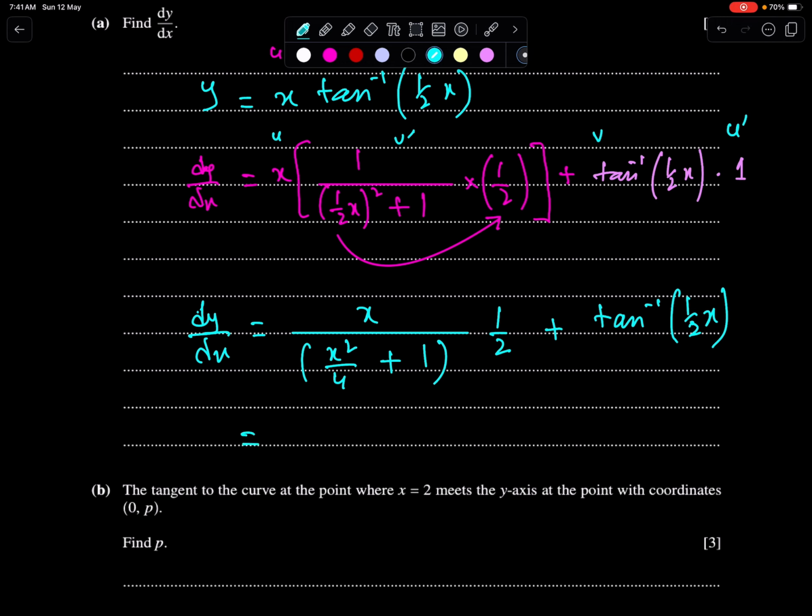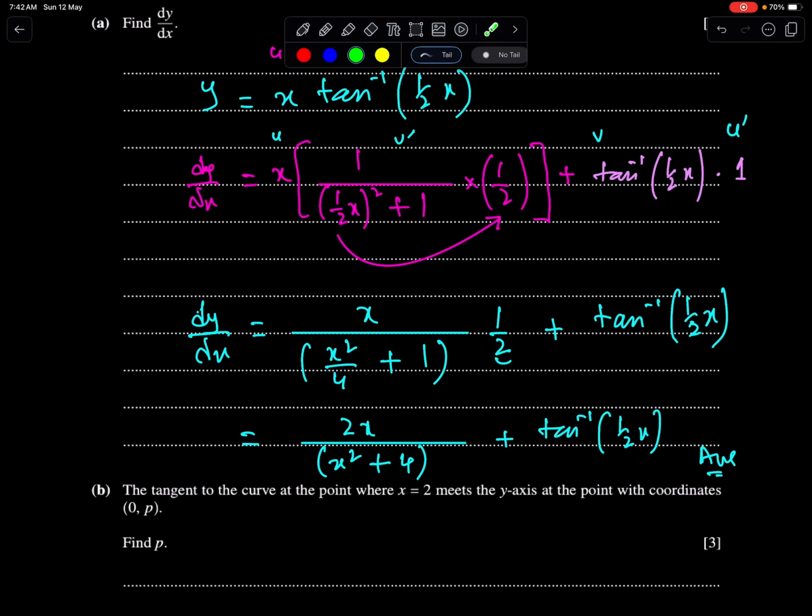After taking LCM and simplification, we have 4x, which will become 2x after the cancellation with this 2, over x squared plus 4, plus tan inverse half x. So this is the way to differentiate tan inverse.